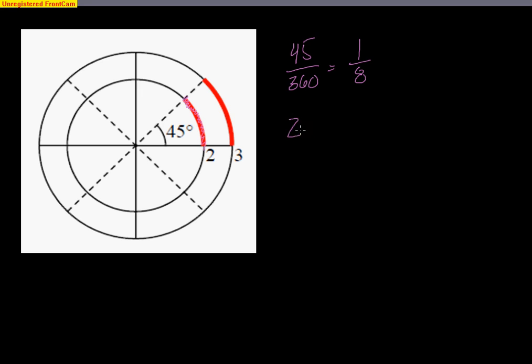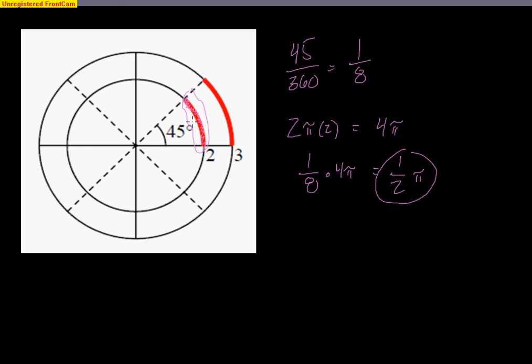So the circumference is 2 pi times 2, because that's the radius. That's 4 pi. So the arc length right here would simply be 1/8 of that circumference, because 45 degrees represents 1/8 of the 360 degrees in a circle. So once again, 1/8 times 4 pi means that the arc length is 1/2 pi. So 1/2 pi would be the length of that arc.